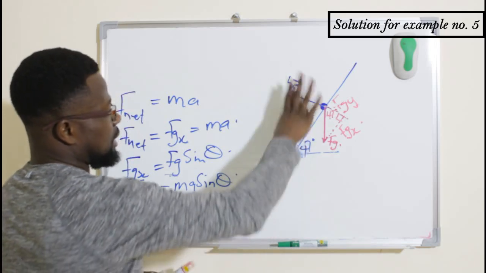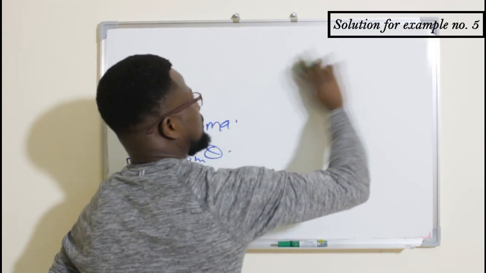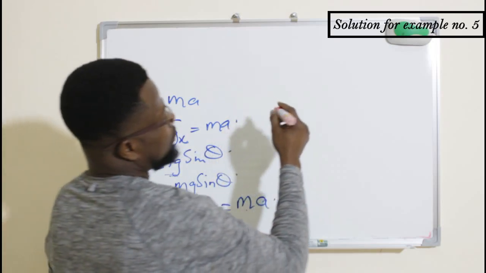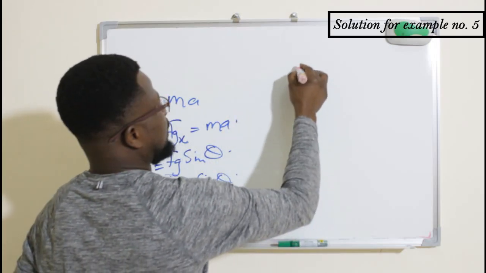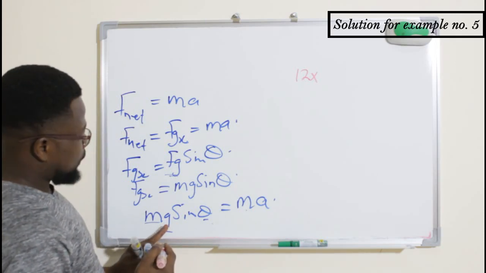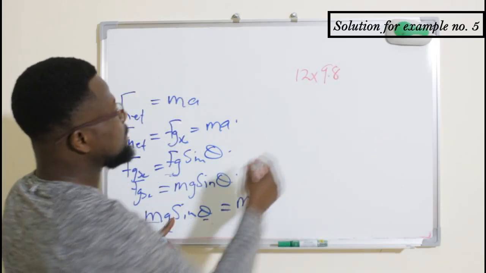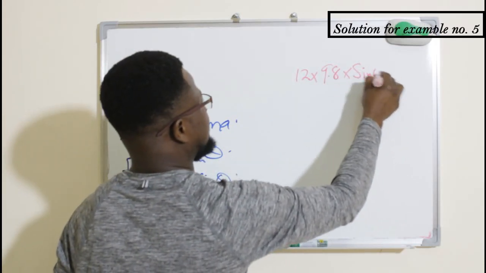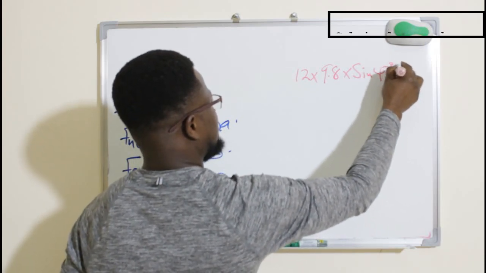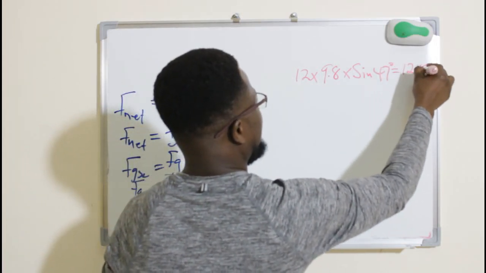Now I can claim the free body diagram because it has assisted me in finding the expression to do the substitution. The mass is 12, so I put in 12 multiplied by 9.8, multiplied by sine 47 degrees, and that must be equal to 12 multiplied by a.